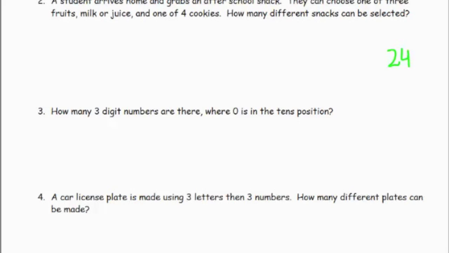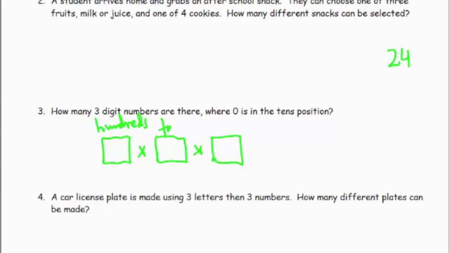3-digit numbers where 0 is in the tens position. Okay, I'm going to do boxes for the number of possibilities. Three boxes. This would be the hundreds digit, tens and ones.